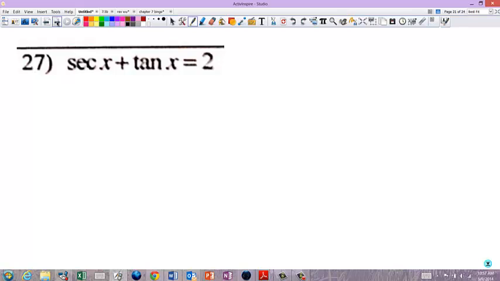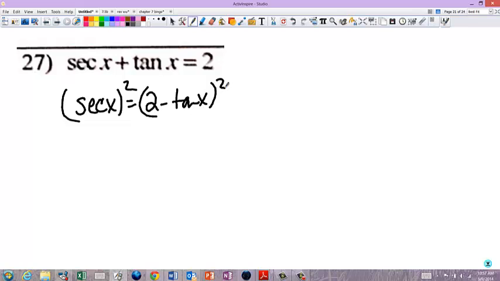27, secant plus tan equals 2. That's another one where we would have to move tan over and square both sides.